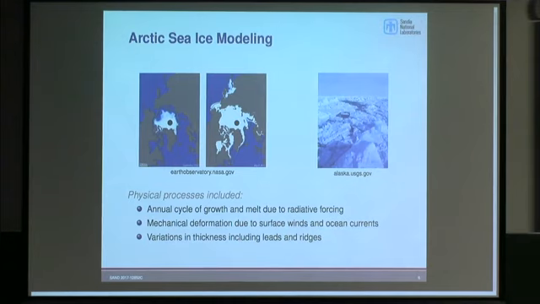So you see there's a large variation that has to be taken into account. Then we also need to understand the mechanical deformation due to the surface winds and the ocean currents. And then we want to include variations in thickness. We want to be able to handle leads and ridges in the ice.